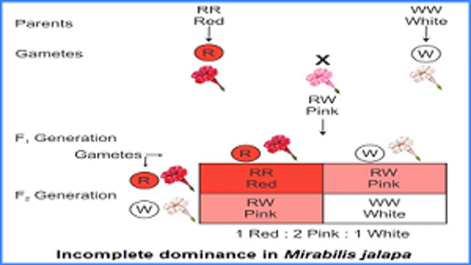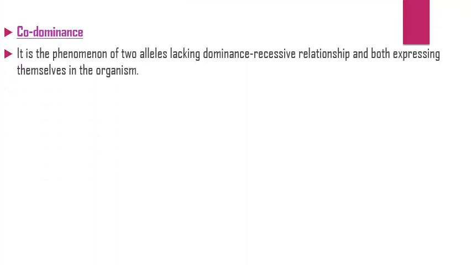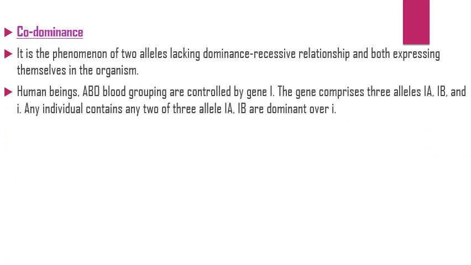Just watch it. This is the example of incomplete dominance in Mirabilis jalapa. Codominance. It is the phenomenon of two alleles lacking a dominant-recessive relationship and both expressing themselves in the organism. Human ABO blood groups are controlled by gene I. The gene comprises three alleles, IA, IB, and small i.